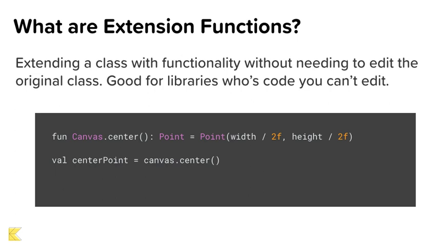So we created this function called canvas.center that returns a point, and it just takes the width and the height and divides them by 2. That's quite a useful function, but it's not part of the Android APIs. To use this extension function, you just call .center on your canvas object, and you get your center points out, and then you can use that wherever you want.